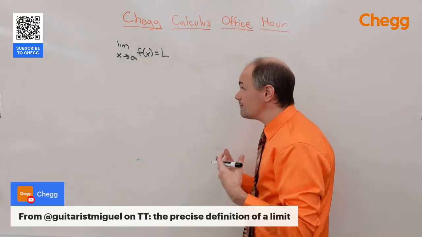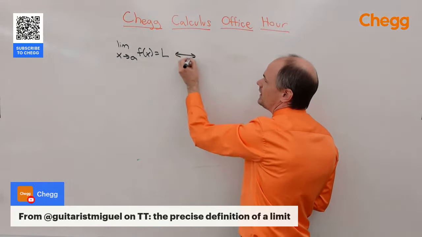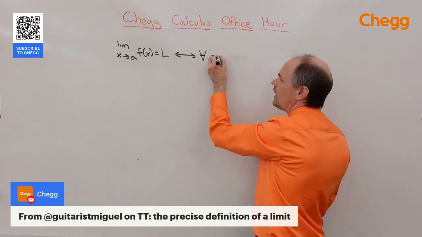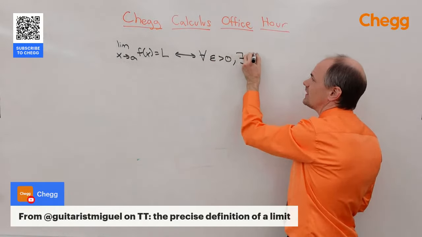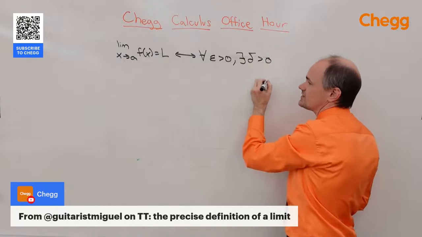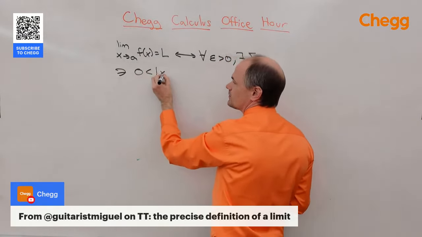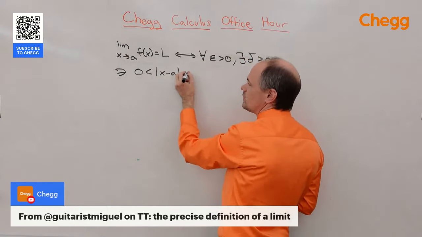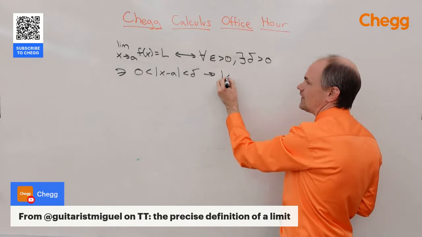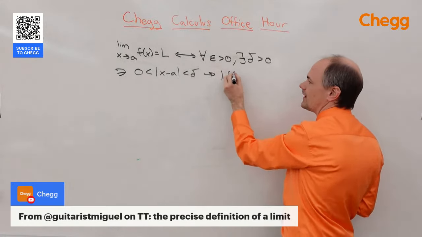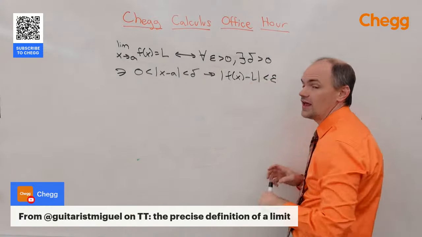And so to make it more clear, we say this is true if and only if for all epsilon greater than 0, there exists a delta that's also greater than 0, such that 0 being less than the absolute value of x minus a, which is less than delta, implies that the absolute value of f of x minus L is less than epsilon.